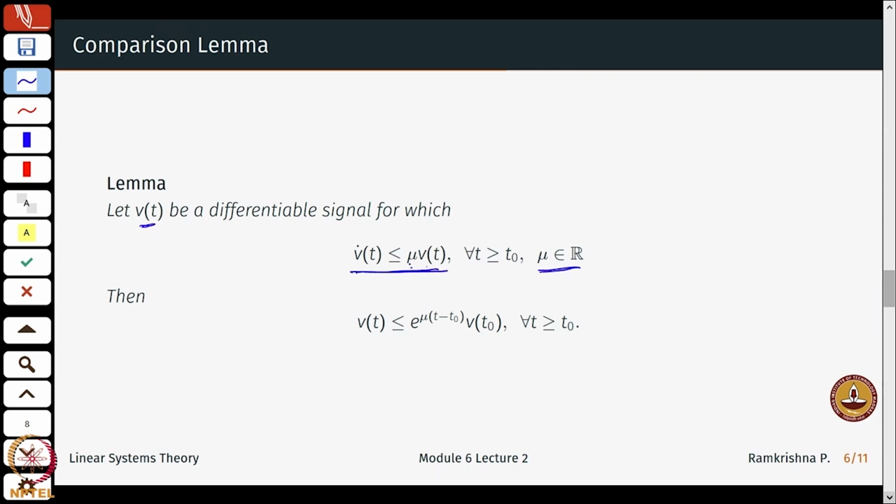If this holds, it turns out that V of t is less than or equal to e power mu times (t minus t 0) times V at t 0. It looks intuitively okay, but we will actually prove this later on. But this will be another result that we will use extensively in this lecture.